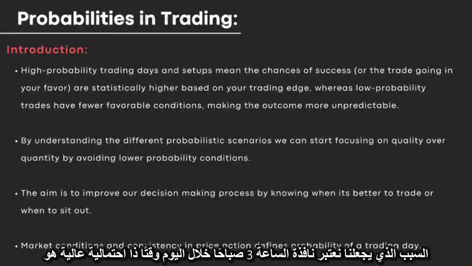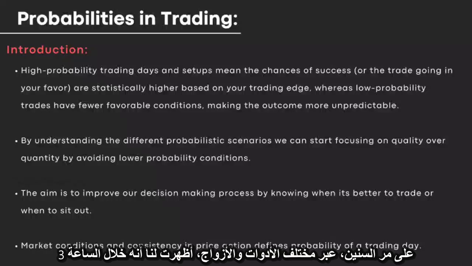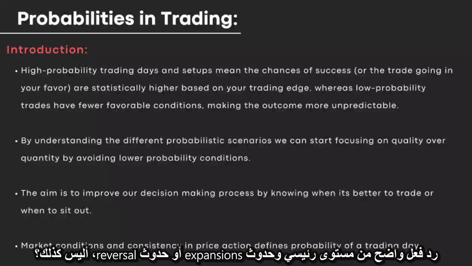The reason we consider the 3 a.m. time window during the day a high probability time is because the data that we've collected, or that all of us have collected over years across different instruments and pairs, has shown us that during 3 a.m. it's a good time for CRT to be purged or a key level to be tested, or for us to have a clear reaction off a key level and expansions or a reversal to occur, right?